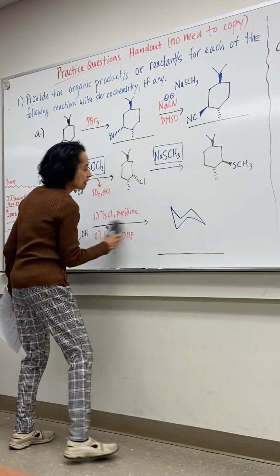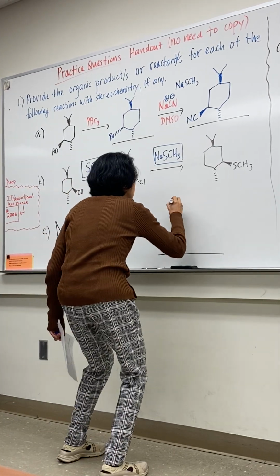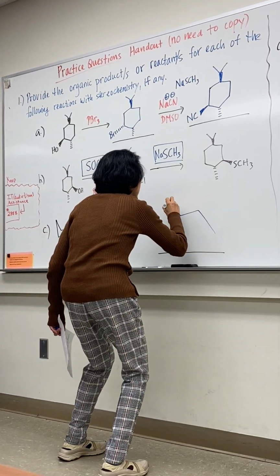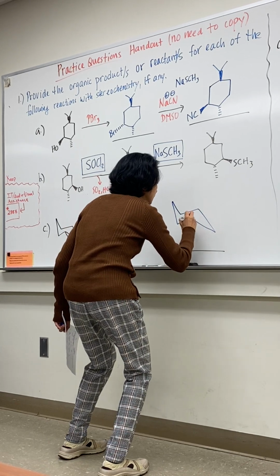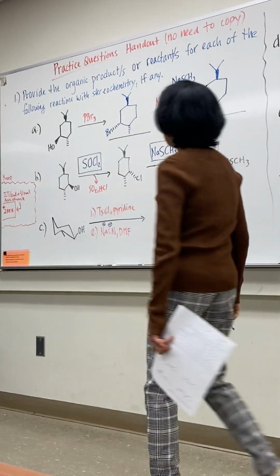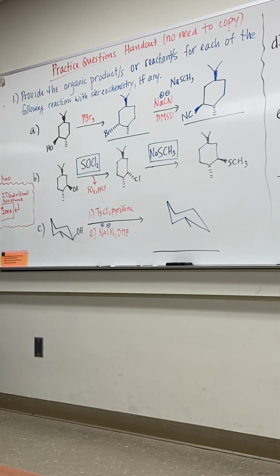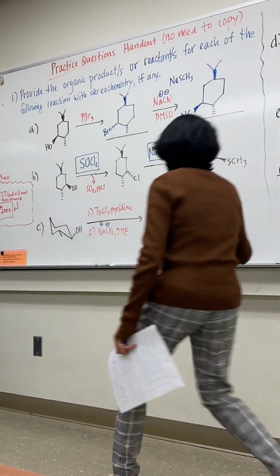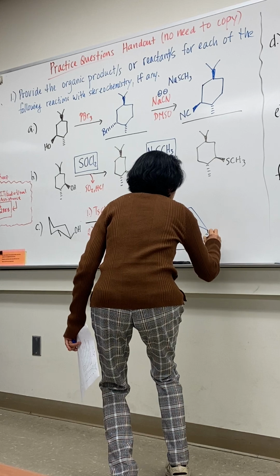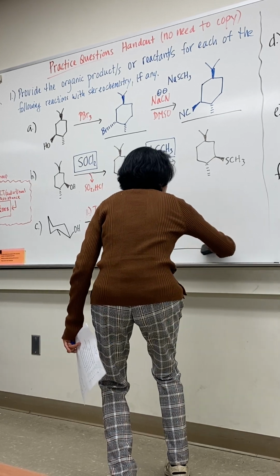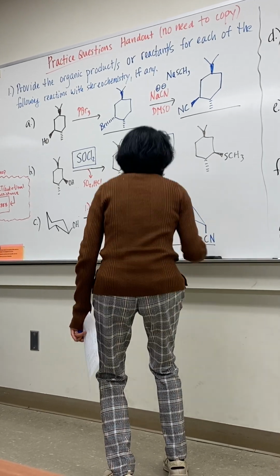Still going the same way. Nothing has changed except for that, and then it was equatorial, and then it would be axial. Okay? Oh, CN, sorry. Yeah, CN. Okay.